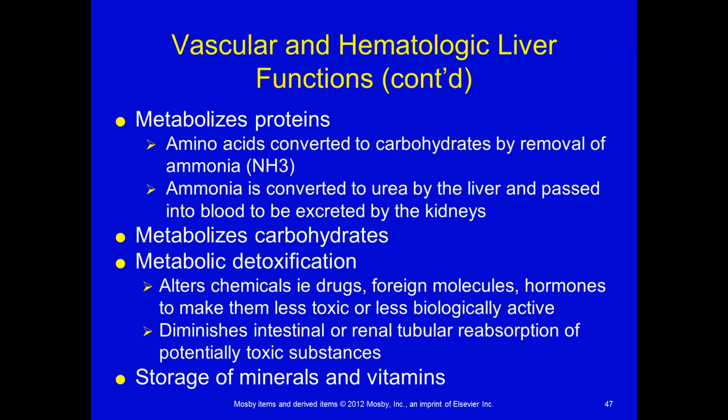So it's an ironic juxtaposition between the metabolic detoxification of some of these drugs and alcohol, which can still be toxic because some of the byproducts are toxic. And we'll talk about that more on Thursday when we talk about the alterations and some of the effects that alcohol has on the liver.